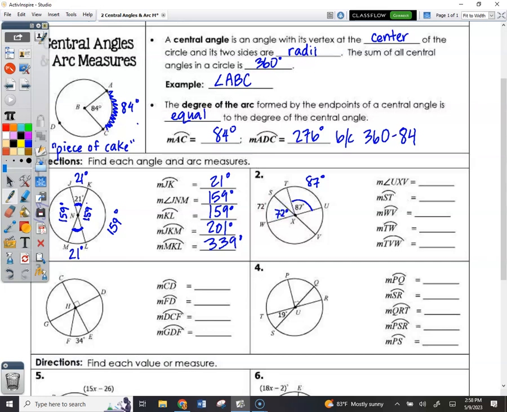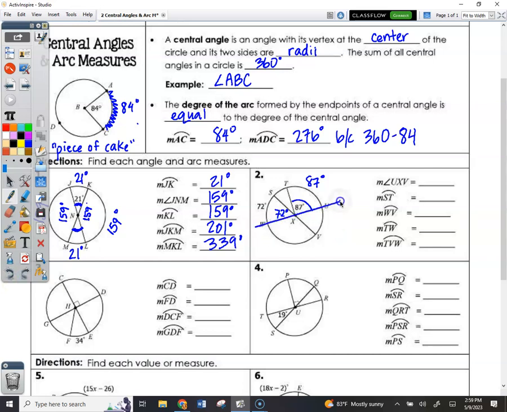The next approach is going to involve those diameters. Diameters cut the circle in half, leaving it to measure 180. So we can go to the side we know more about. Look at this. I don't want to go this way, because I don't know anything yet down here. So go to the side you know more about.